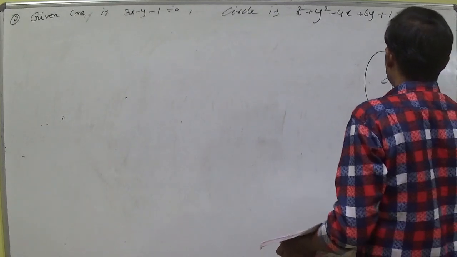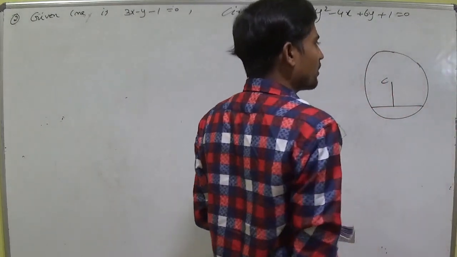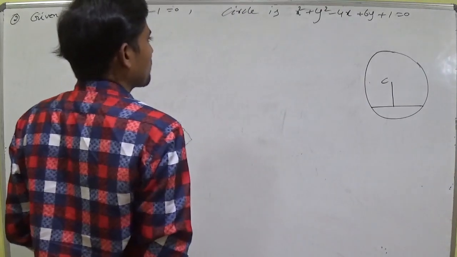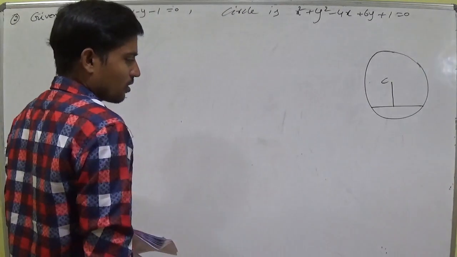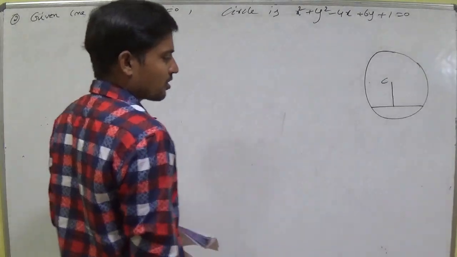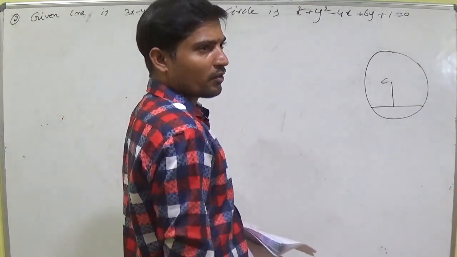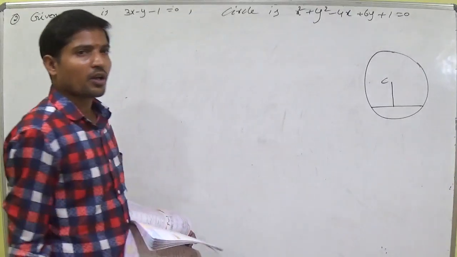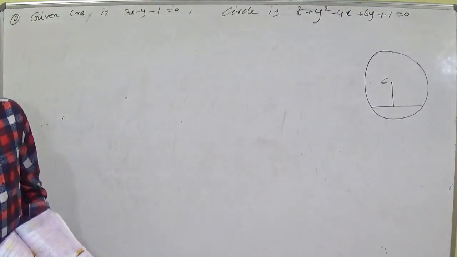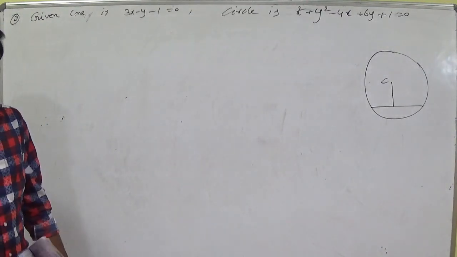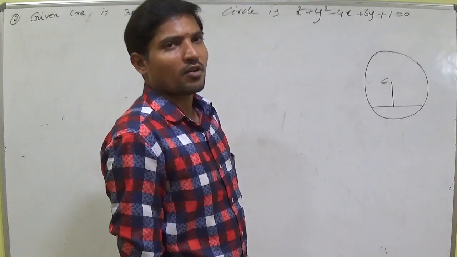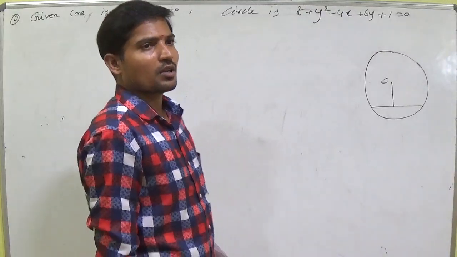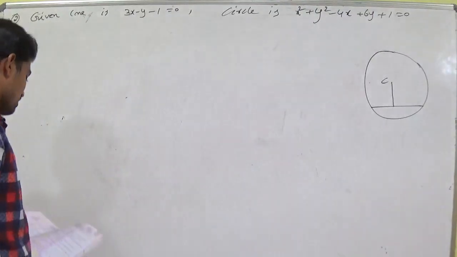Foot of the perpendicular from center to a point on the line is (x minus x1) by a equal to (y minus y1) by b equal to minus (a x1 plus b y1 plus c) by (a square plus b square).